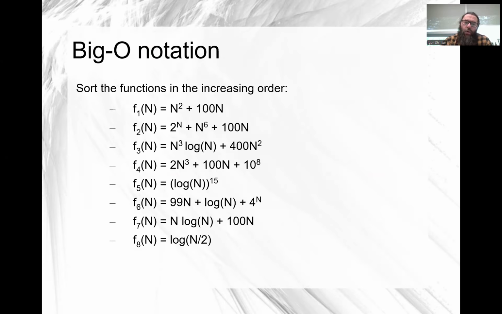Your goal is to sort these functions, let's say in increasing order. Which one is the smallest and which one is the largest? You stare at it for a bit, you do this exercise, and then I'll do it with you. I'll count to 5 and then I'll do it with you. 1, 2, 3, 4, 5.